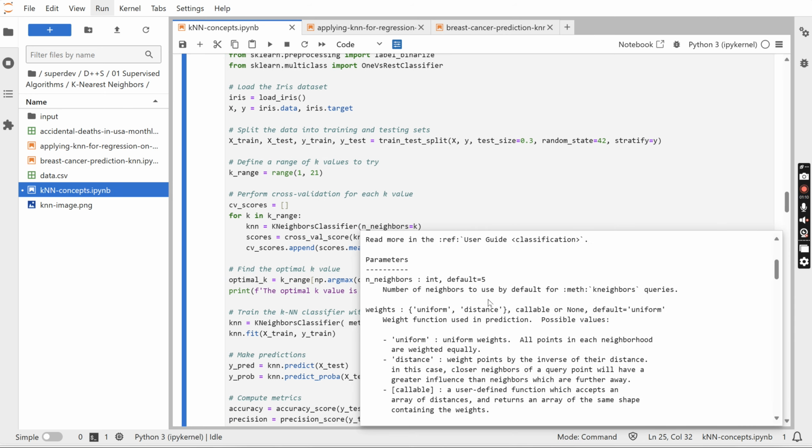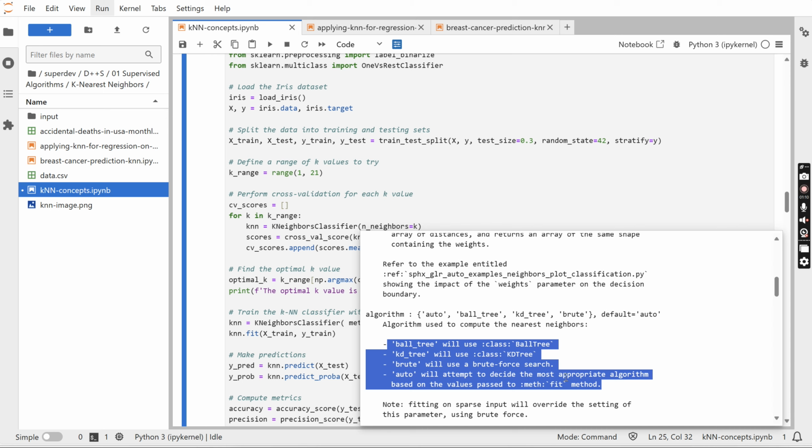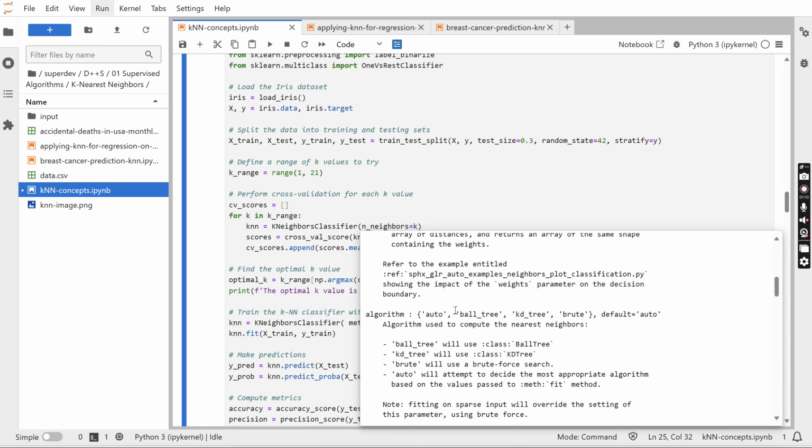Yeah, the algorithm was auto, which means it will choose automatically between one of these three. It will decide the most appropriate algorithm based on the values passed. So in that case you don't have to worry much about the algorithm, but in case you want to experiment which will give you the best result, you can use these as hyperparameters and choose which algorithm gives you the better results and use it.